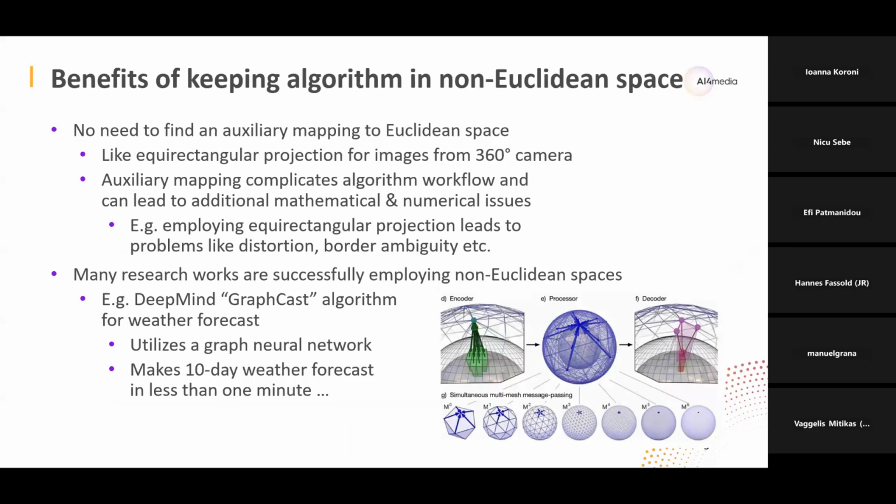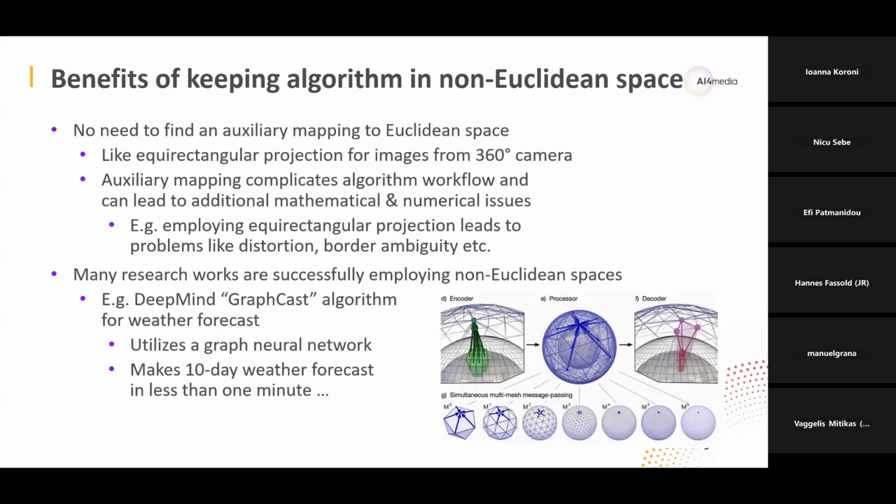Okay, so what are now the benefits of keeping algorithms in a non-Euclidean space? The main advantage is that you don't have to find an auxiliary or artificial mapping to a Euclidean space.